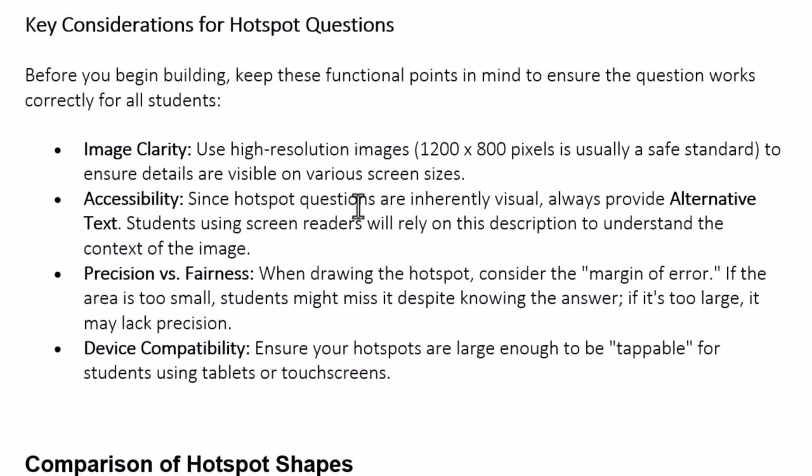Accessibility: hotspot questions are inherently visual. Always provide alternative text. A student using a screen reader will rely on this description to understand the context of the image. We will look at how to show this.